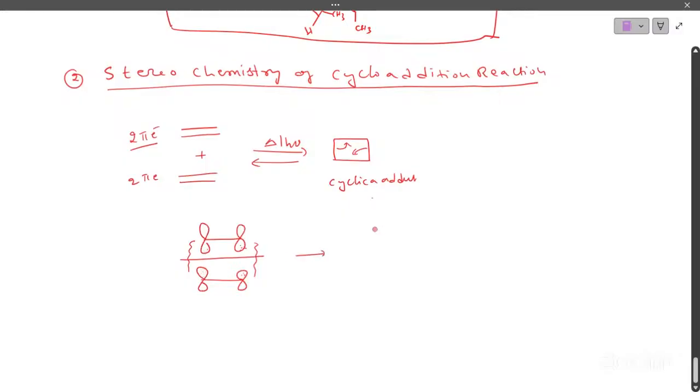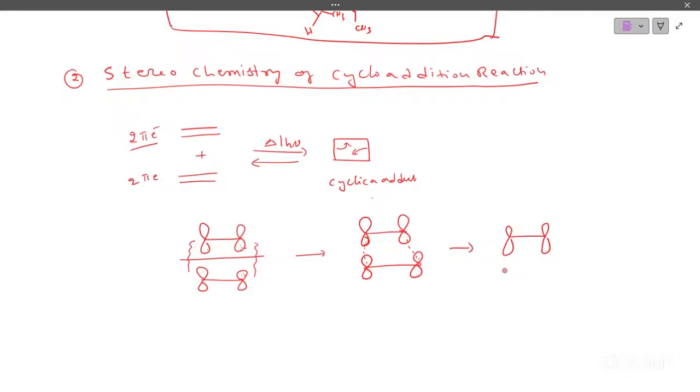I am just showing very rough diagrams only. These are the bonding interactions that lead to the product, which is a cyclic product.